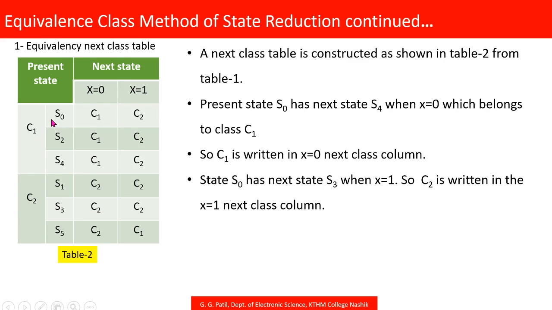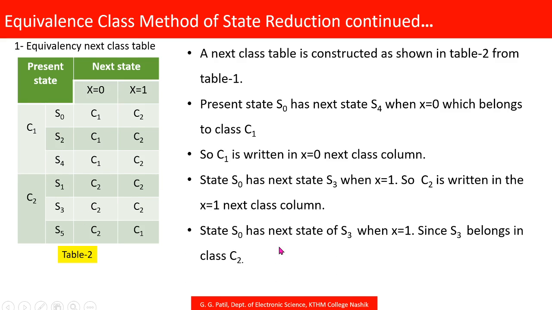State S0 has next state S3. Here it is S3, so C2 is written in the x equals 1 next class column. Similarly, it is to be done for the rest of the cases.